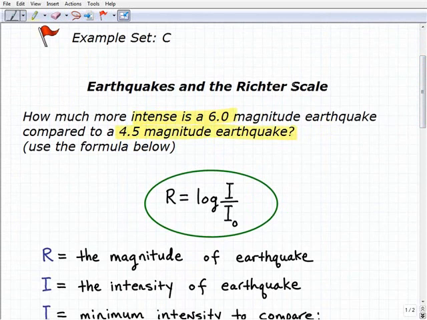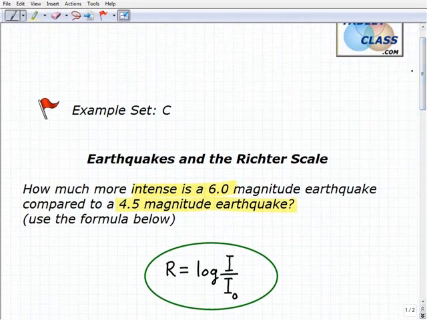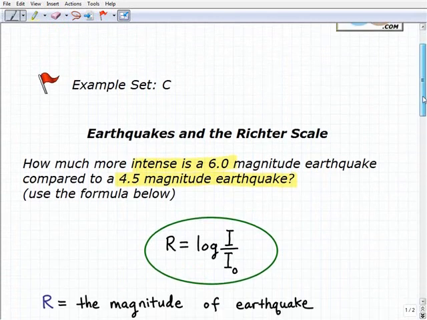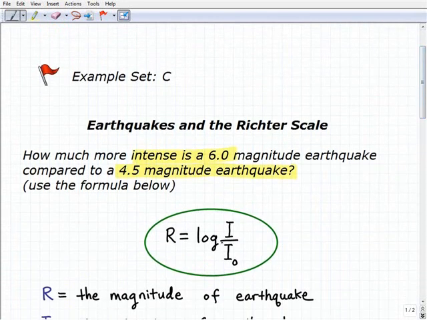Some of you who have experienced earthquakes can say right off the bat that a 6.0 is quite a bit stronger than a 4.5. One thing to reinforce here is that the Richter scale equation has to do with logarithms, as far as intensity goes.